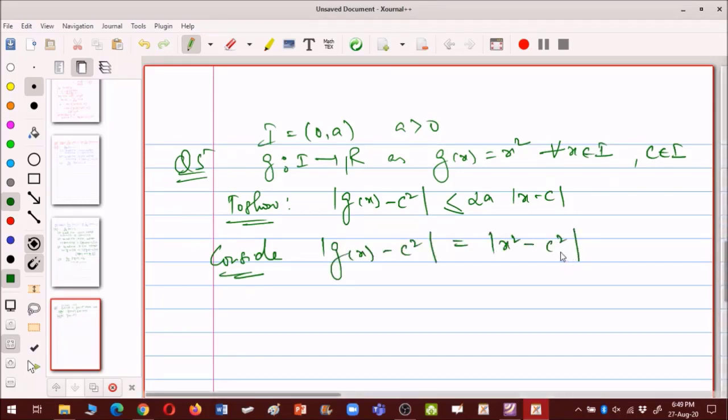So this is equal to |x² − c²| for all x belonging to I, and this I can write as |x − c||x + c|, which is less than or equal to |x − c|(|x| + |c|) using the triangle inequality.